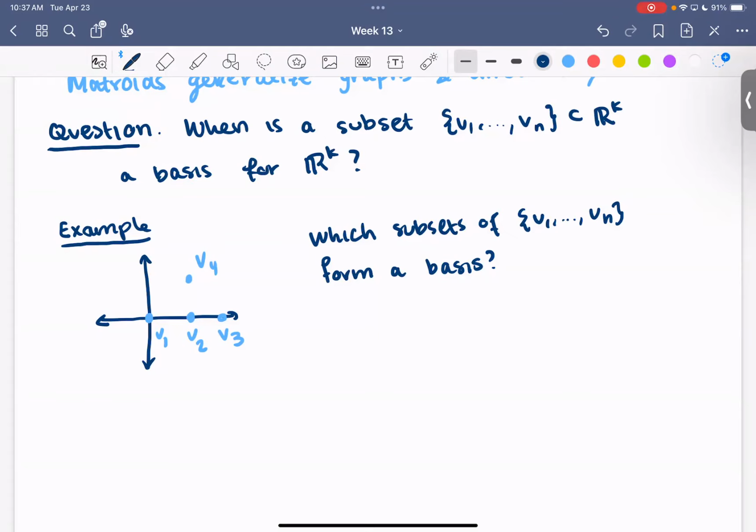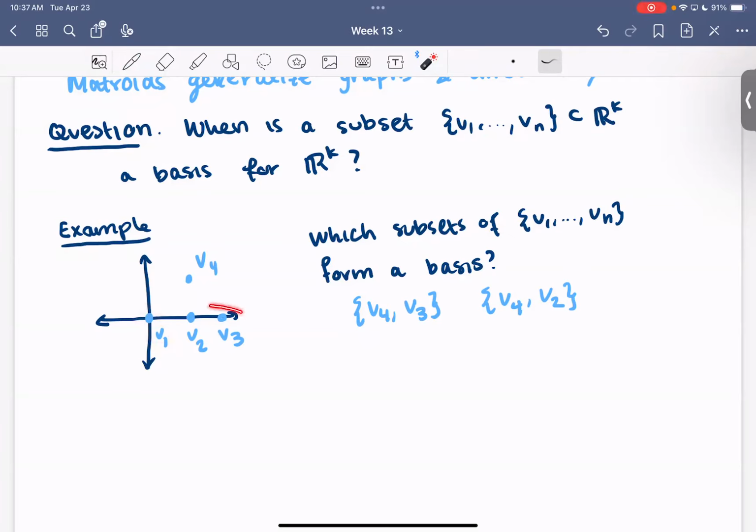There are going to be two bases. Which are they? Yeah, the two bases are {v4, v3} and {v4, v2}. Let's see why this is all of them. We can never include v1, because if we did, the set would be linearly dependent, which is bad for a basis.